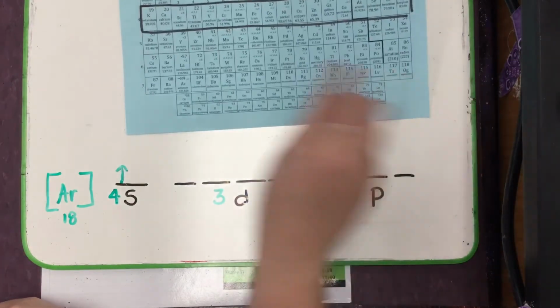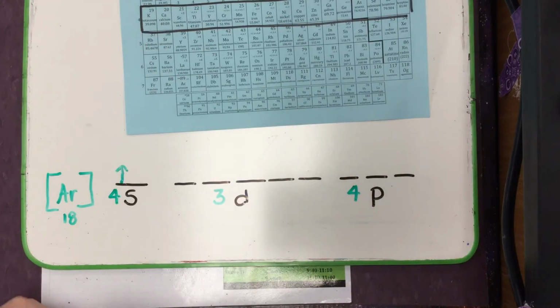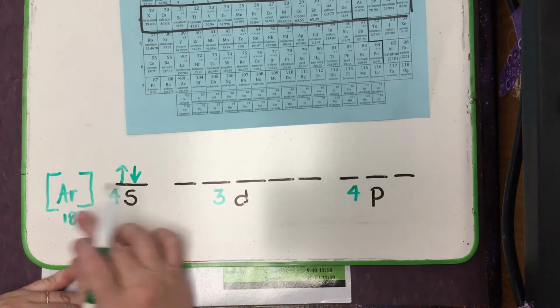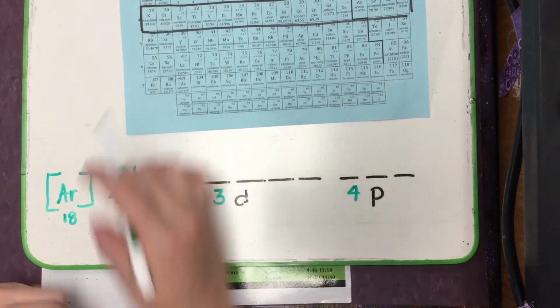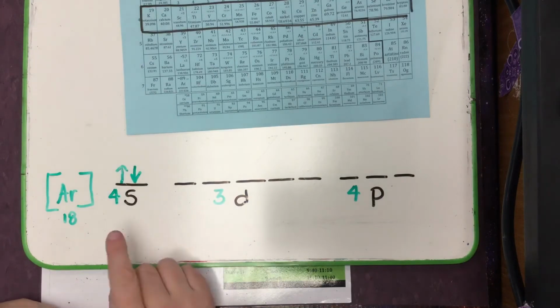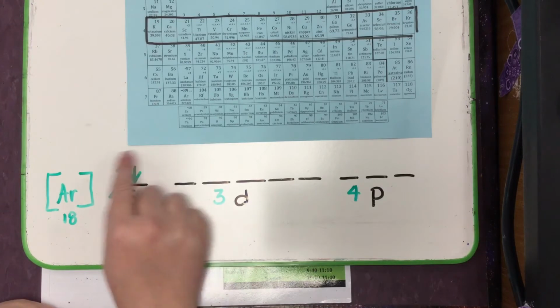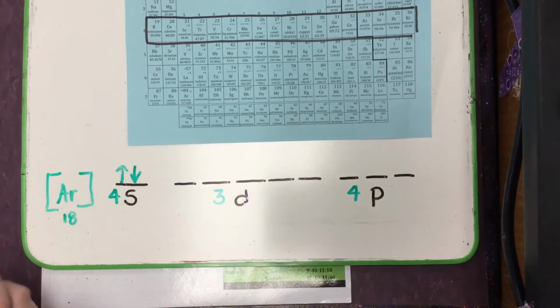Now think about the elements in group 2. So for calcium, it would look like this, but really we could just replace the noble gas and these numbers and make it any element in group 2. All the elements in group 2, how many valence electrons do they have? How many unpaired electrons do they have?